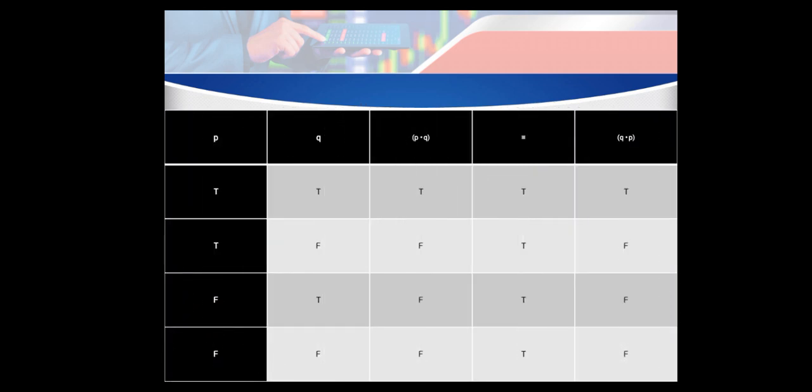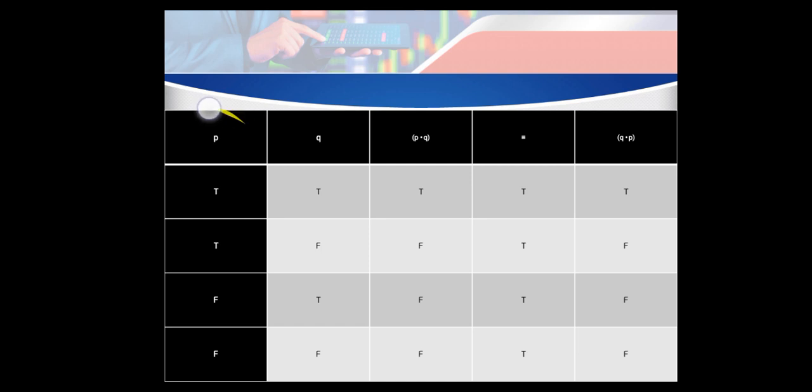We also have here the truth table, with the value of P and the value of Q, and we will find the value of P and Q, and the value of Q and P. For disjunction, we find the maximum value. In conjunction, we find the minimum value.